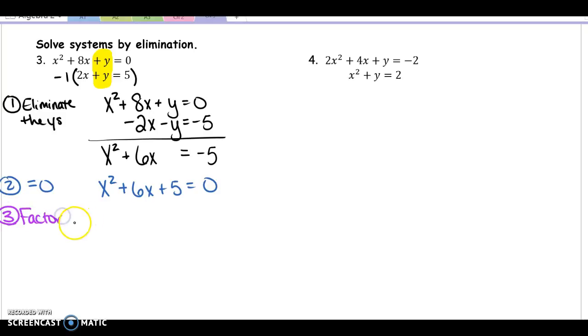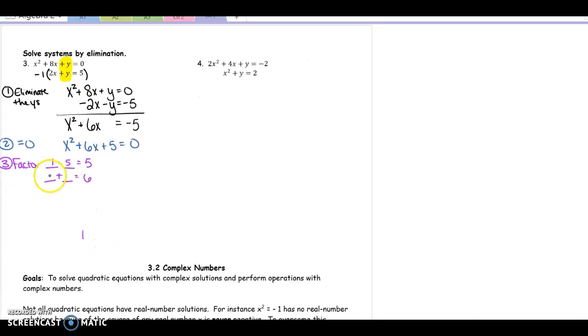Then we need to factor. Two numbers that multiply to 5 and add up to 6. That would be 1 and 5. So our factored form is x plus 1, x plus 5 equals 0.